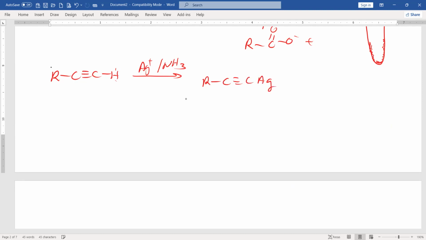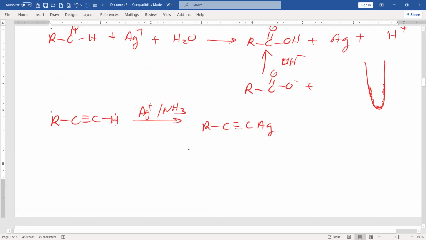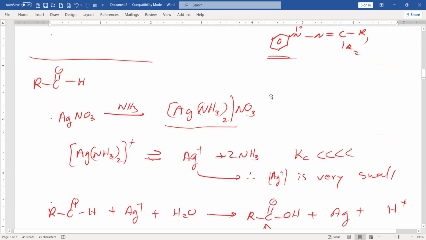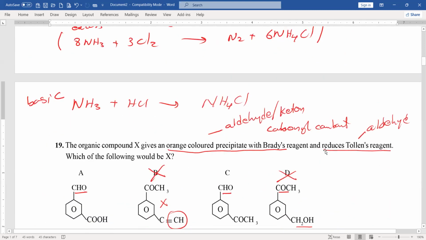This is not soluble in water, therefore it will be obtained as a white colored precipitate. In this case, it is an acid-base reaction, not an oxidation-reduction reaction. So the silver does not change its oxidation state, and it doesn't reduce the Tollens' reagent.